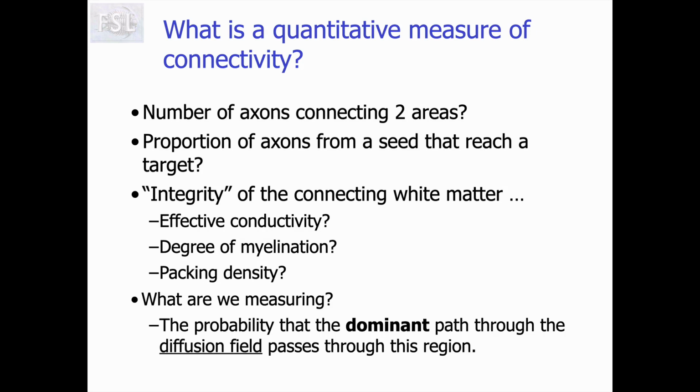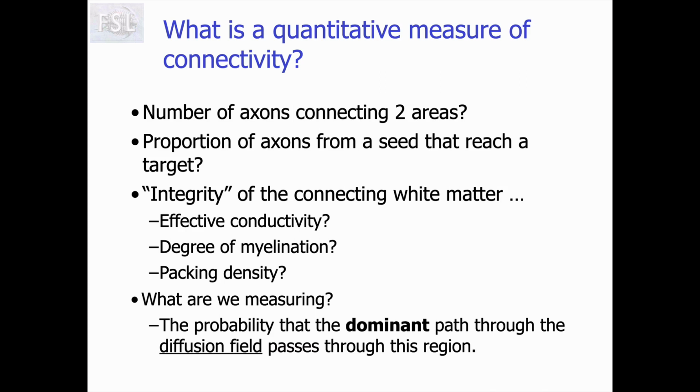What we are measuring is the probability that the dominant path through the diffusion field goes from region A to region B. So it's a sort of reproducibility analysis of a normal deterministic tractography.